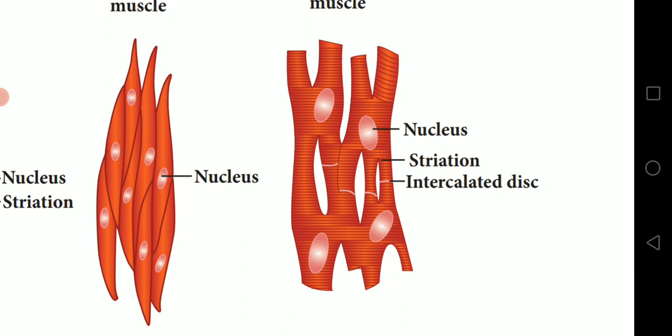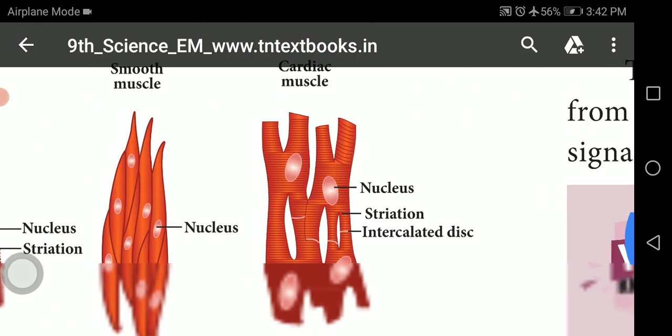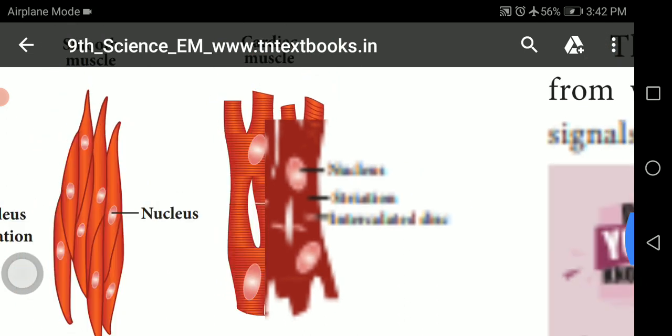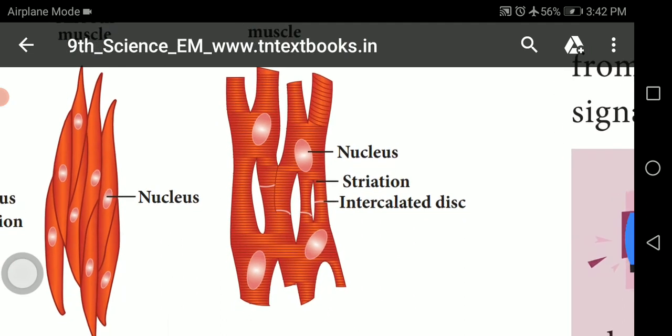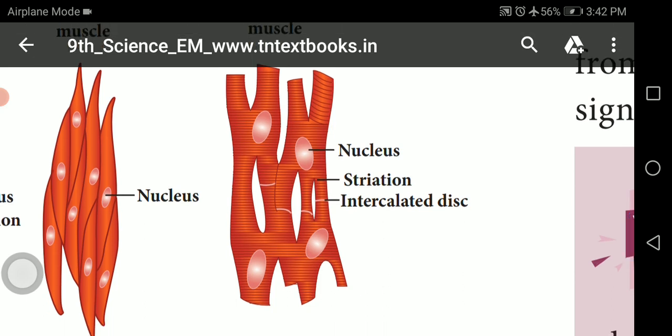The branches join to form a network called intercalated discs. Can you see the intercalated discs? These disc-like structures join all the branches of the cardiac muscle, and they are unique distinguishing features of cardiac muscles. The contractions of cardiac muscles are involuntary and rhythmic.